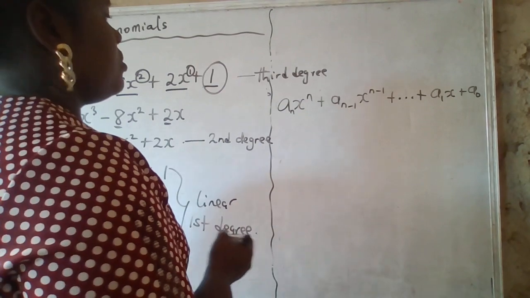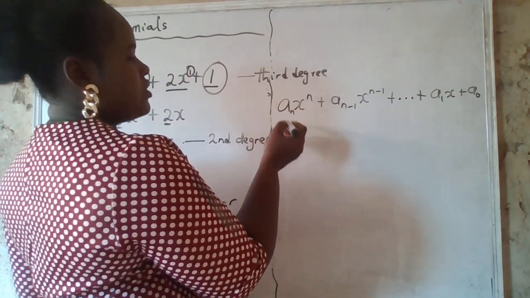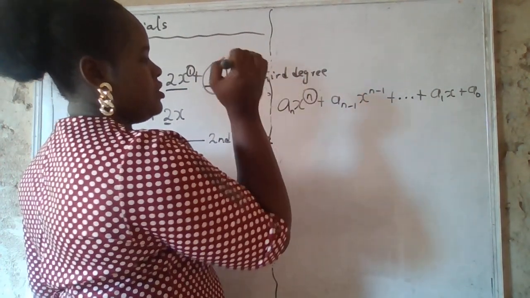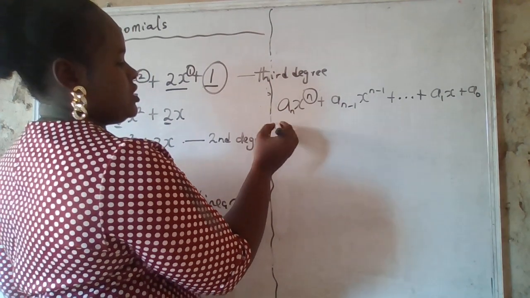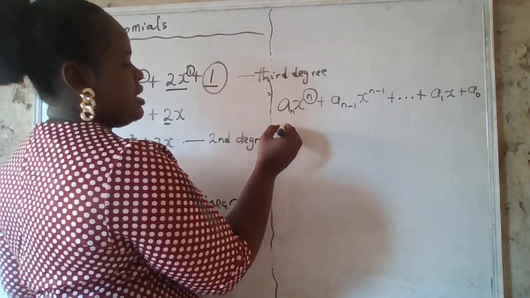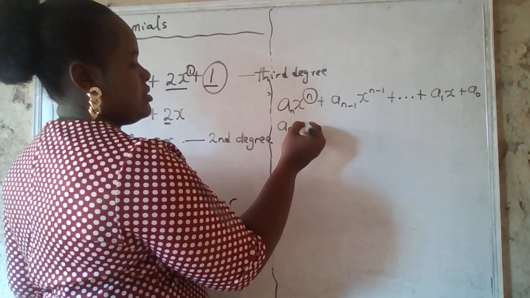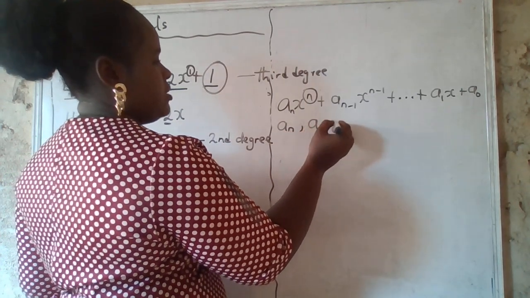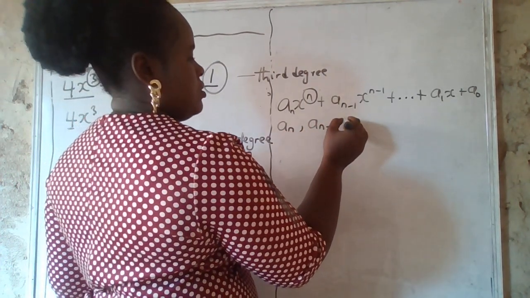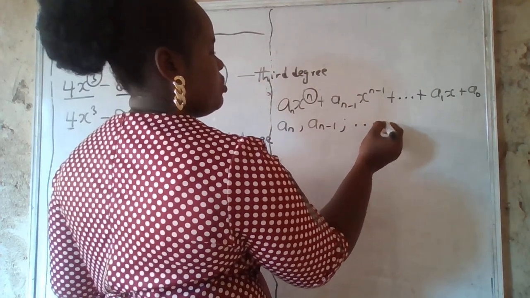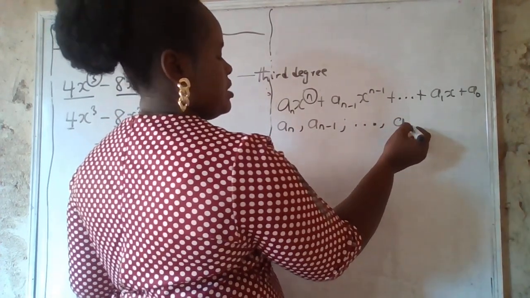This is the general form. In this case, the degree of this polynomial is n, and the coefficients of the variables are a_n, a_(n-1), and so many others that are not written out.